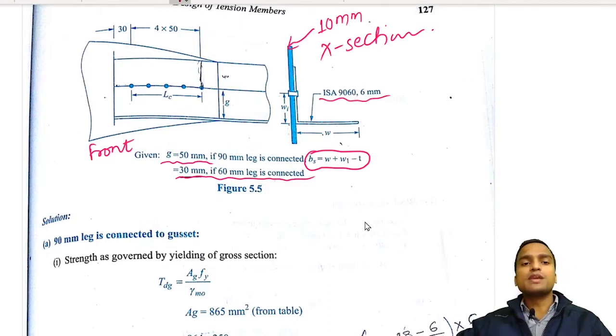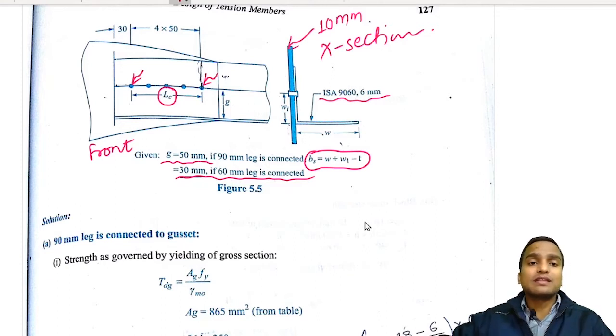Now if we ask the value of length of end connection LC, we have seen from the IS code LC is the distance between outermost bolts. So this is the outermost bolt and this is the outermost bolt, and LC here we can see is equal to 50 into 4, pitch times 4, which will be equal to 200 mm.